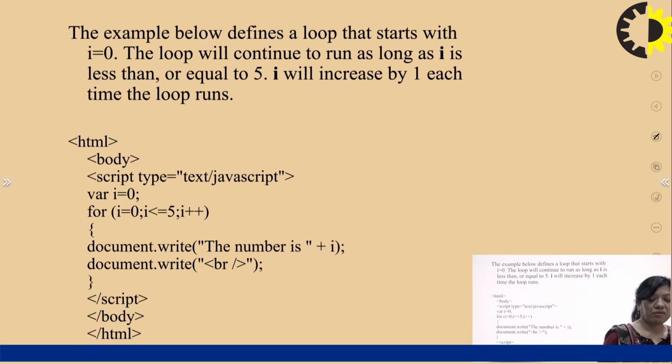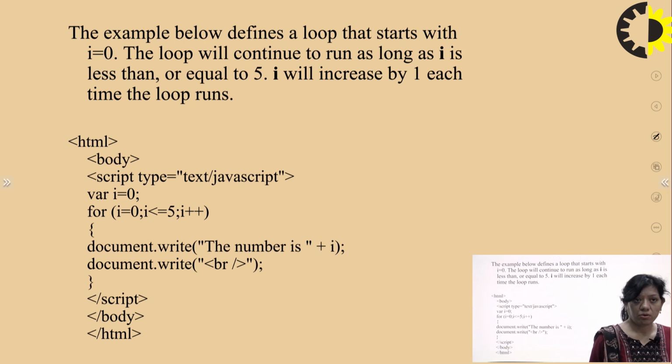Again we go into the loop. This time the value of i would be 2. Again we evaluate the condition, 2 is less than or equal to 5, the condition is true, the value is printed and the output would be 2. This will run until the value of i becomes 5.